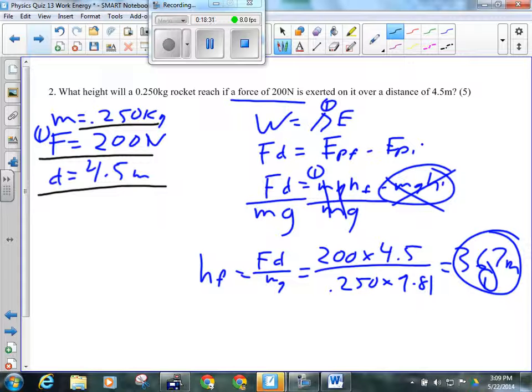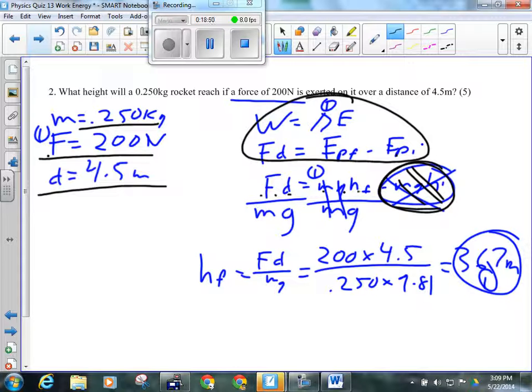So give them a mark for their givens. Give them a mark for identifying it as a work energy theorem question. Work is a change in energy. We know initially it's on the ground, or at least we assume that, so our initial potential energy is 0. So we can cross it off. That leaves us with force times distance equals m times g times hf.